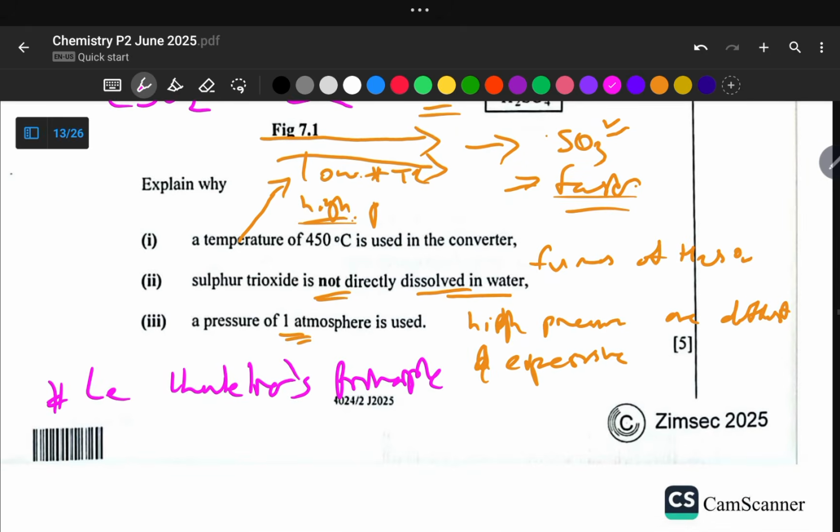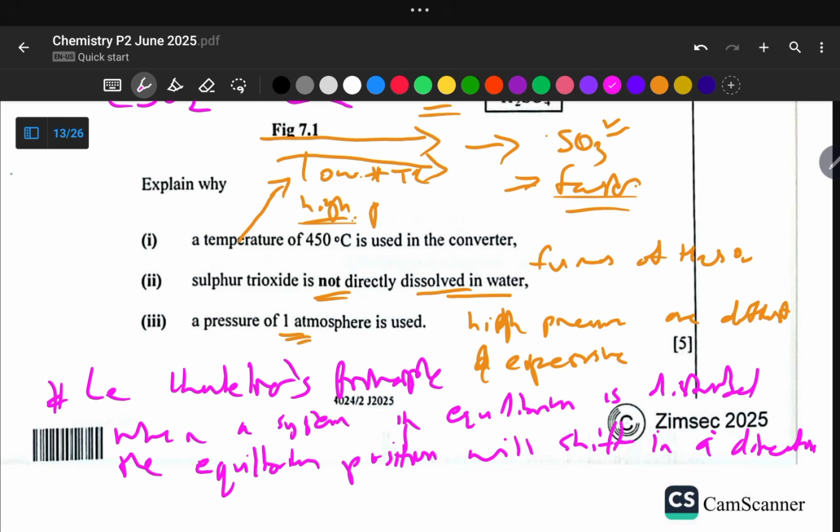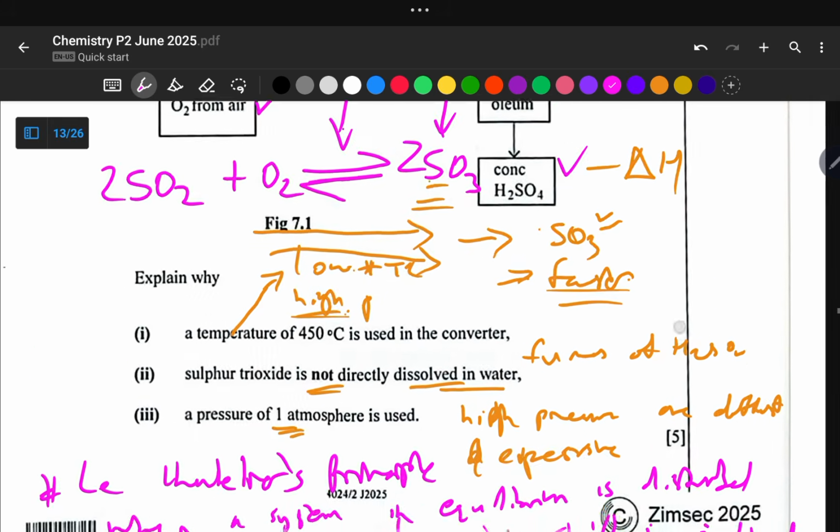Le Chatelier's principle says when a system in equilibrium is disturbed, the equilibrium position will shift in a direction that will counteract the change. Right? So this is Le Chatelier's principle. It is the one which governs all these reversible reactions, right?